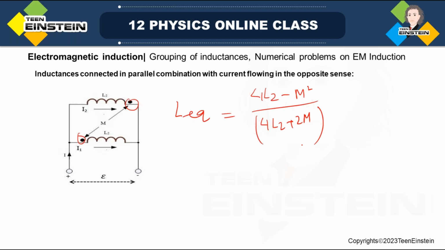Okay, so these are actually two things here. Actually, this is not 4, this is L1 L2. Okay, so this is for parallel combination.